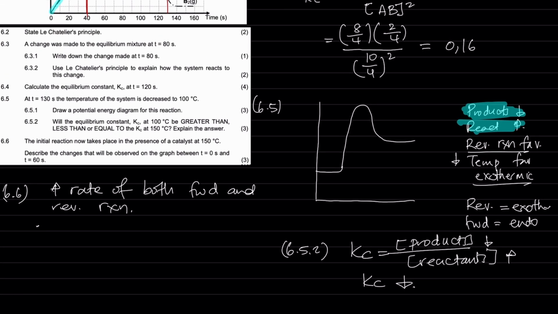So new equilibrium reached in less than 40 seconds. That's all it does. It speeds up the reaction. So if the equilibrium was reached in 40 seconds without a catalyst, then with the catalyst, it's going to reach equilibrium in less than 40 seconds.